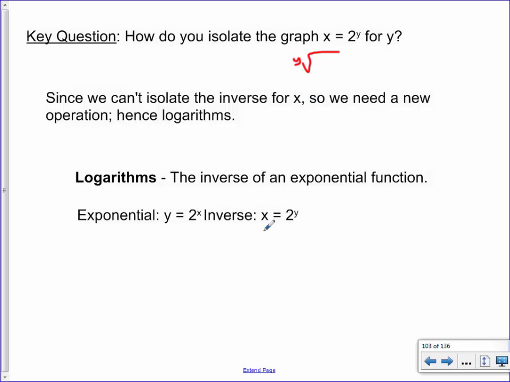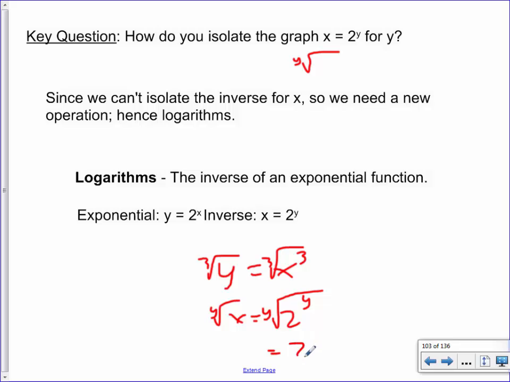Like, if it was y equals x to the third, you could take the third root of both sides. So since you have 2 to the y, in theory, you could take the y root of both sides. On this side, if you take the y root of 2 to the y, you'd be left with 2. But then over here you have the y root of x. And I'm not sure that actually made it better. It's valid, but it's not actually useful.